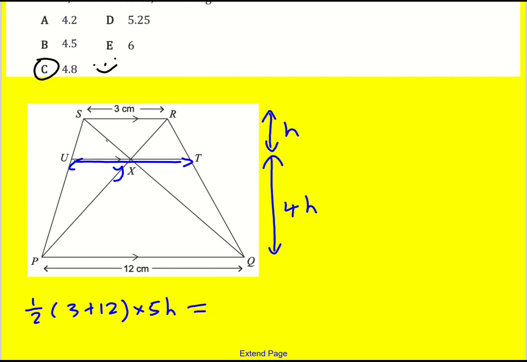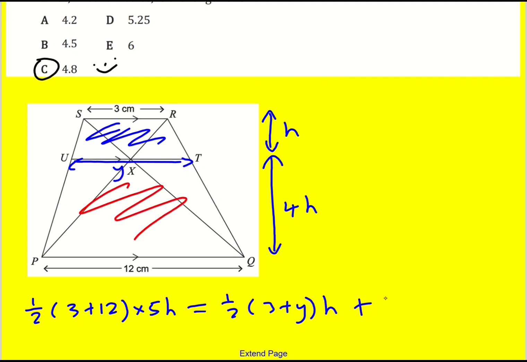But that must equal separately this trapezium, which is then a half 3 plus y times h, plus the bottom trapezium, which is a half 12 plus y times 4h. I've created an equation involving h and y, but actually h is now going to cancel out.